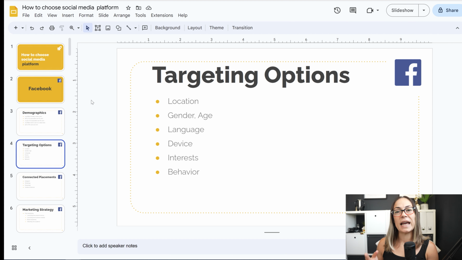And when I want to advertise on social media, I need to be able to have these characteristics in my targeting options. I need to be able to advertise by age, by gender, by different interest groups, and so on. I need to have all of these options in order to reach the most ideal customer profile.